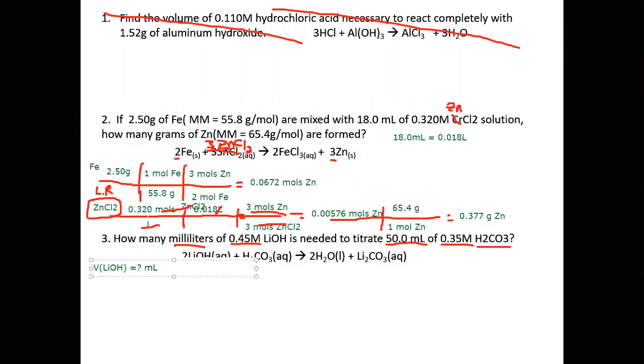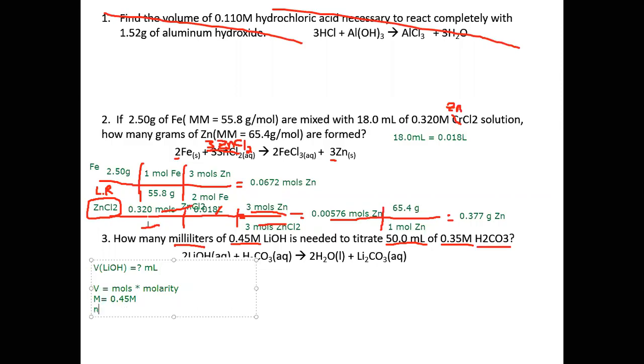So to find volume of lithium hydroxide, volume equals moles divided by molarity. So if we know the moles of lithium hydroxide and we know its molarity, we can find the volume. Well, the molarity we know is 0.45 molar.